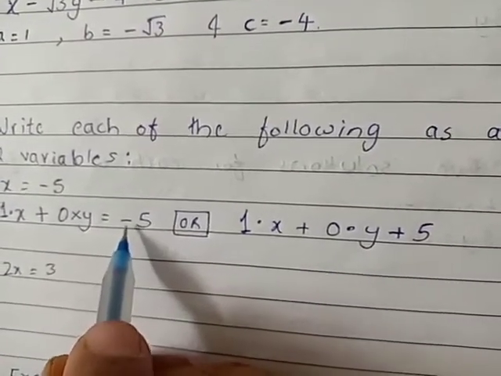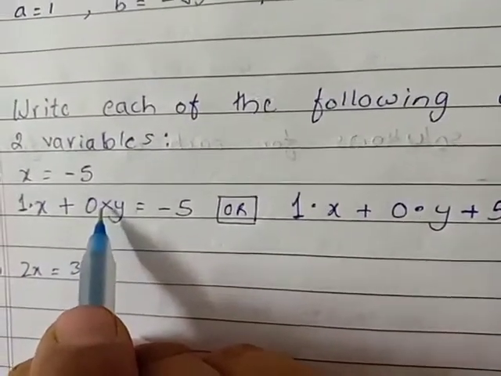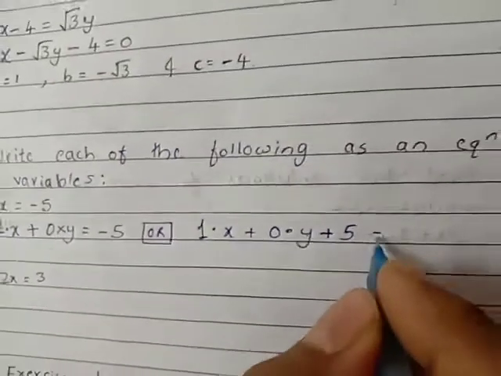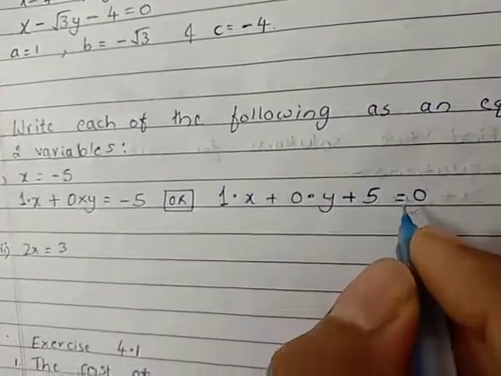This minus 5 will come on this side, so it will be in the form ax plus by plus c equal to 0.